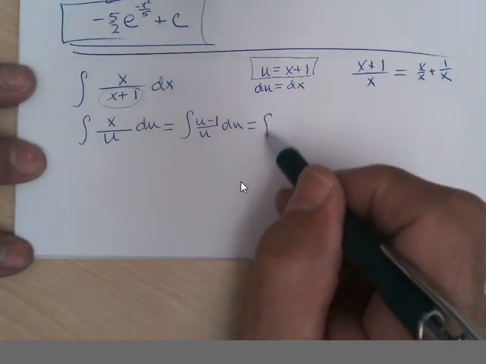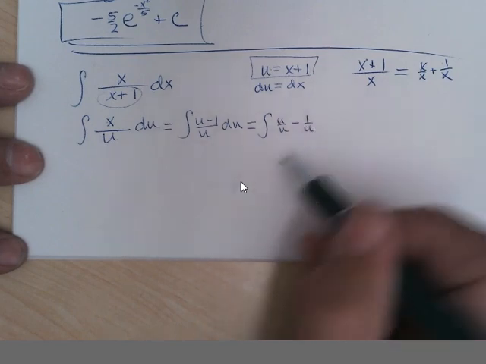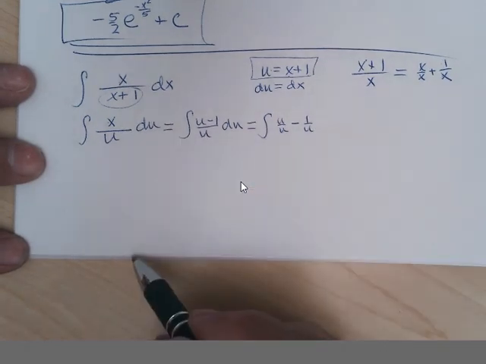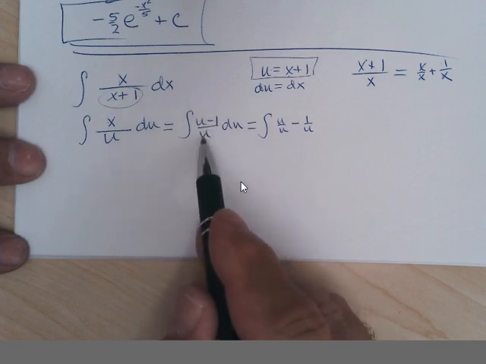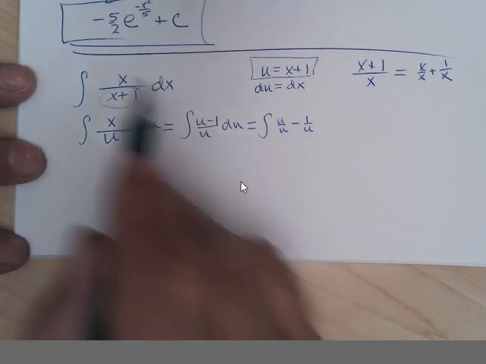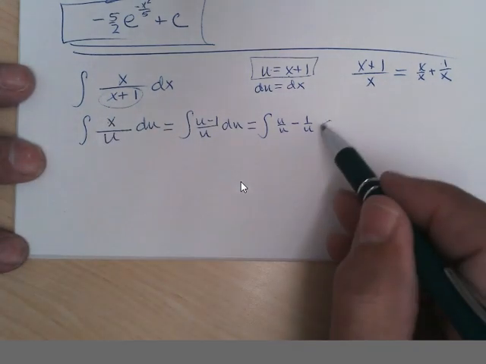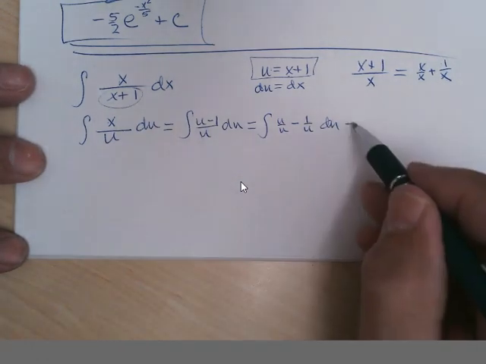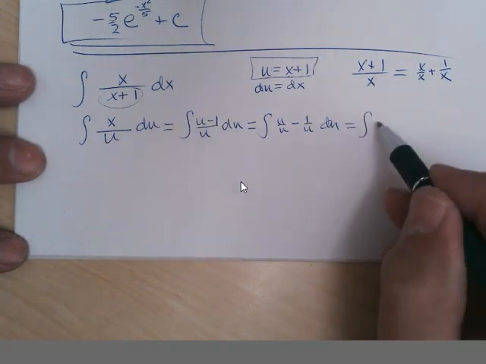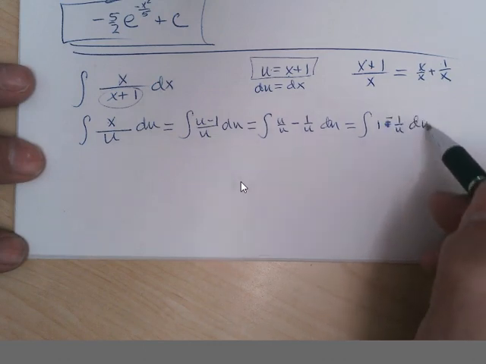And we get the integral of u minus 1 over u. Both of these are divided by u. Again, you can split when the addition or subtraction is in the numerator, and it's a single thing, but not when the addition is in the denominator. So this is the antiderivative or integral of 1 minus 1 over u du.